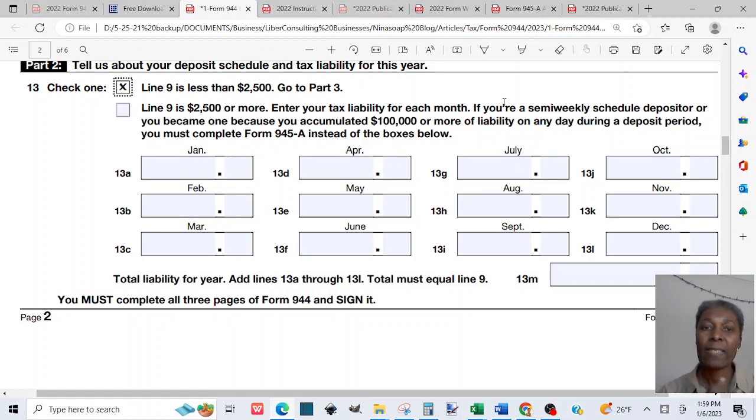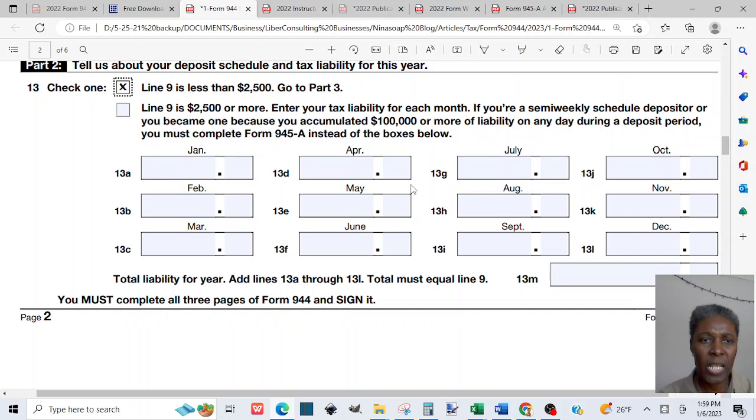But again, if your taxes are small, you can just pay with your Form 944, and that's what I do for our business at the moment. But again, it's because we have payroll once a year, toward the end of the year. But it's good you make tax deposits during the year if you can, even if you are below the $2,500 threshold.